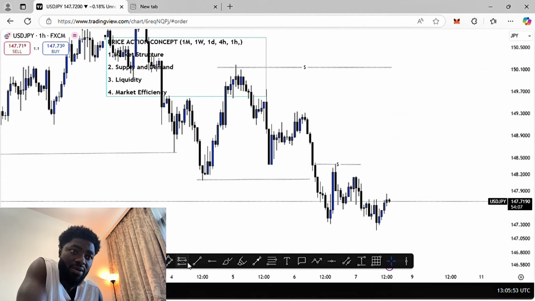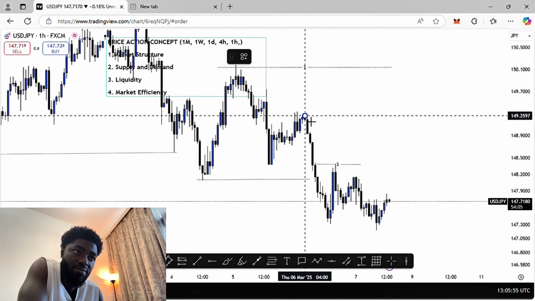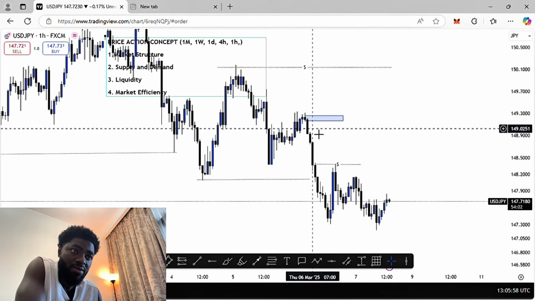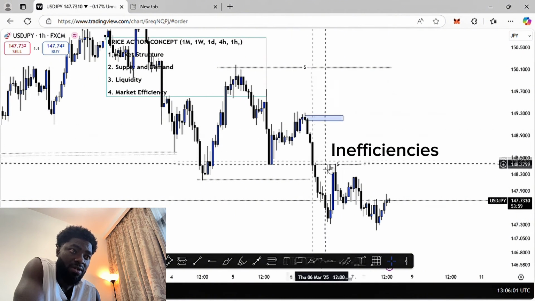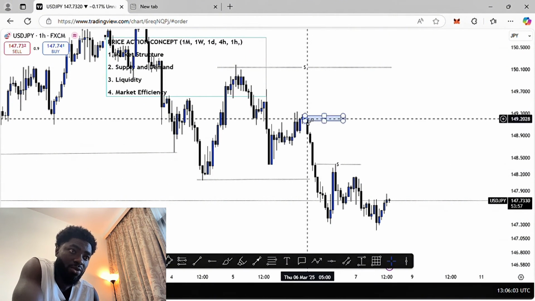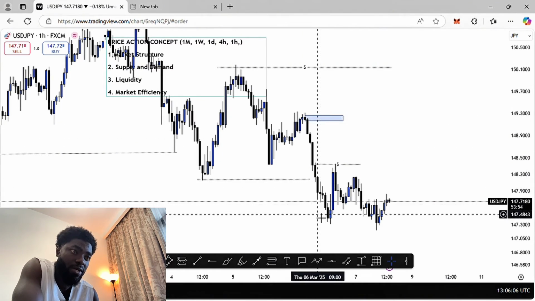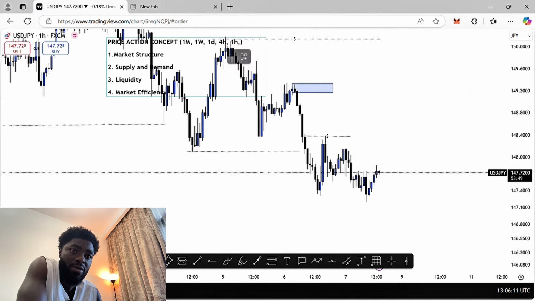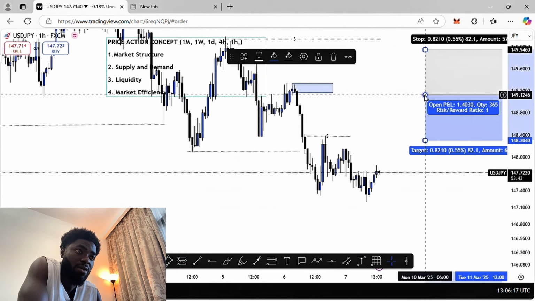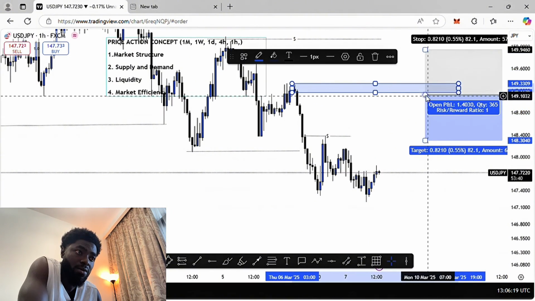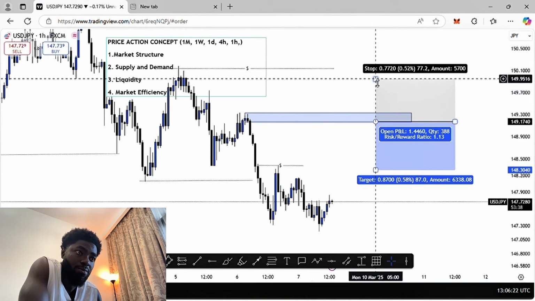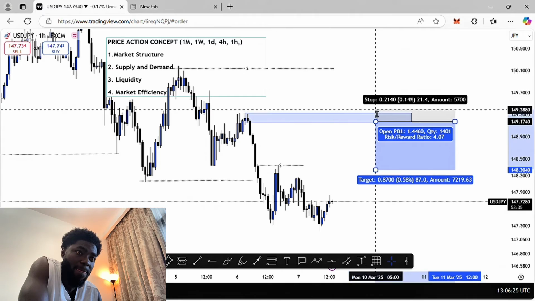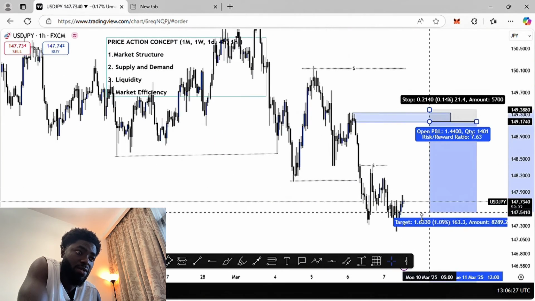So I expect this guy to be the supply zone, because this is full of efficiency, and this becomes the liquidity and a break, and it actually caused this low to break. So I expect a supply zone at that top, and then have my short order here and target this low.